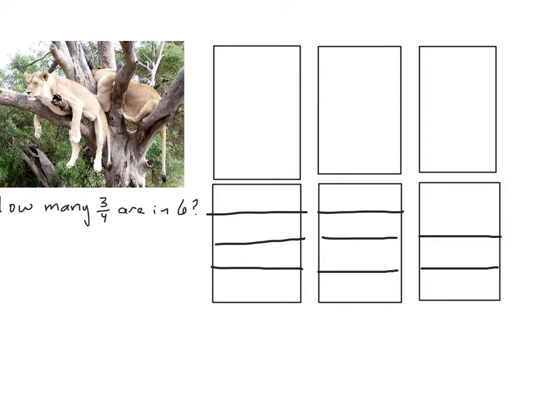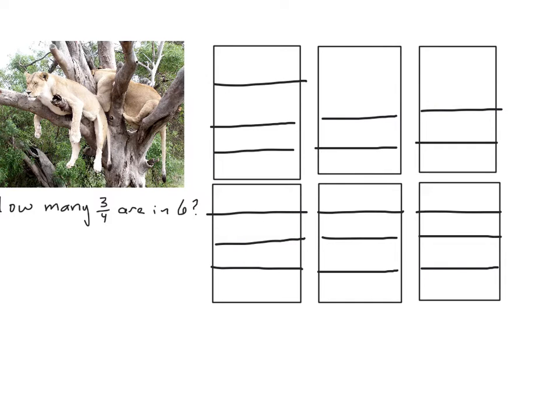We'll make 4 parts in each of those. And then 1, 2, and 3. We'll make 4 parts in each of those, right? So 1, 2, 3, 4, right? 1, 2, 3, 4, and each of these has 4 parts.